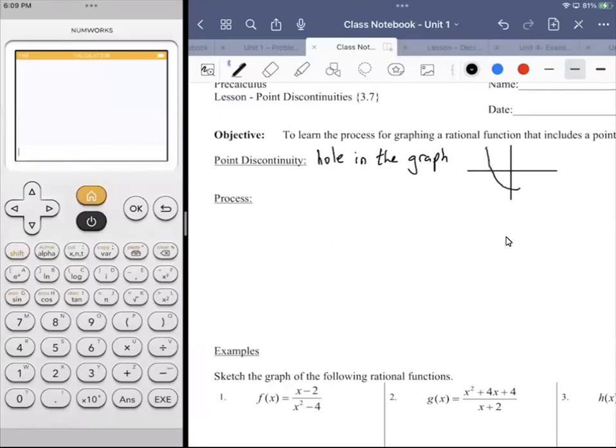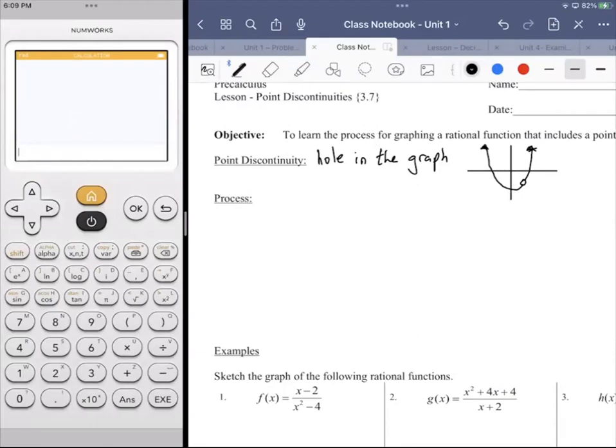We did this last time where we had some kind of graph, and in the graph there was a gap. There was a point where it was undefined, and it doesn't really show up in the calculator, but it's there when you go into the table. I'll show you a more precise example in a minute, but it's very easy to miss it. So we want to follow the process, which I'm about to get to.